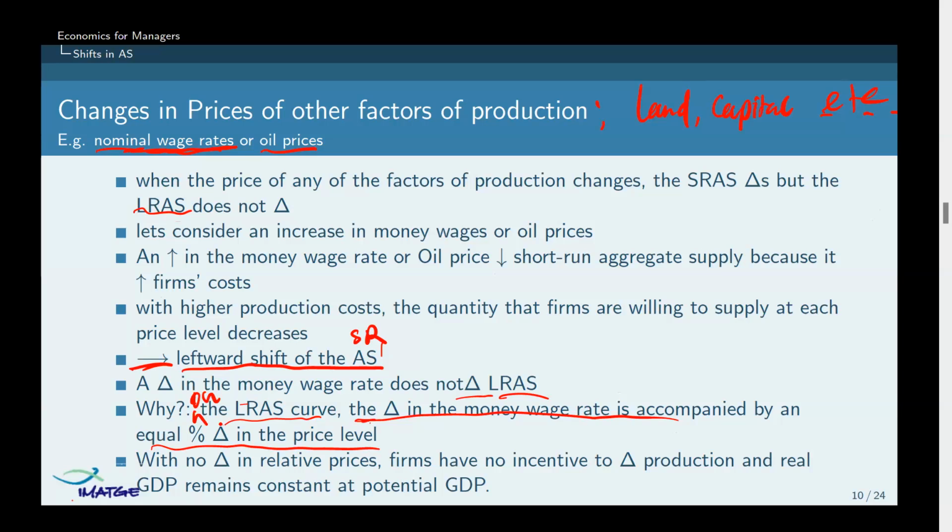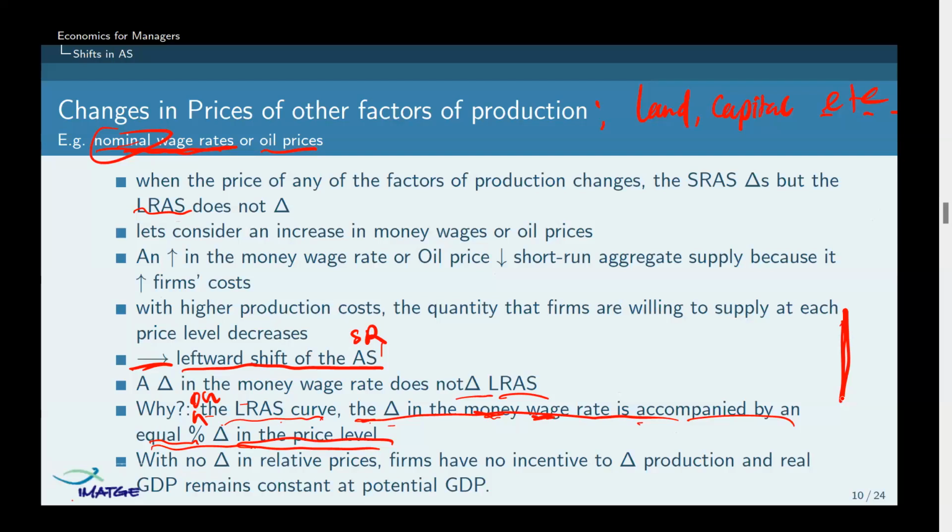So on the long run aggregate supply curve, the change in money wage, remember we're looking at change in nominal wage, which is the same as money wage, is accompanied by an equal percentage change in price level, which means we will still remain on that vertical line without companies responding to anything, because in the long run, both wage rates and price levels change by equal proportions.